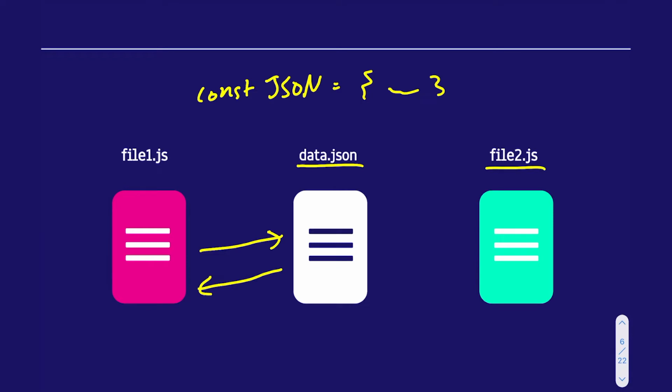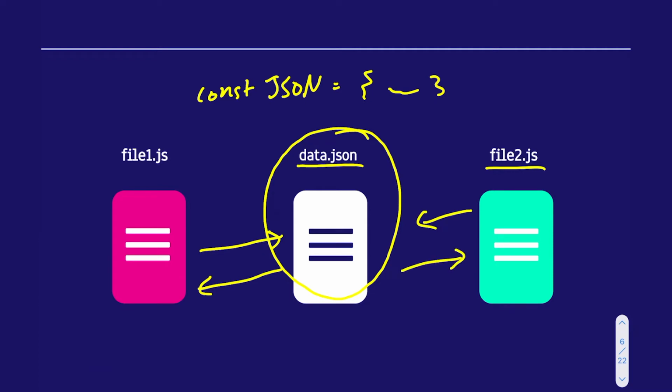So we want to export it into its own file so that file 2 can also append to it, read from it, etc. And then all the changes that file 2 does to data.json, file 1 can also read from. So factoring JSON out into its own file is good for that.